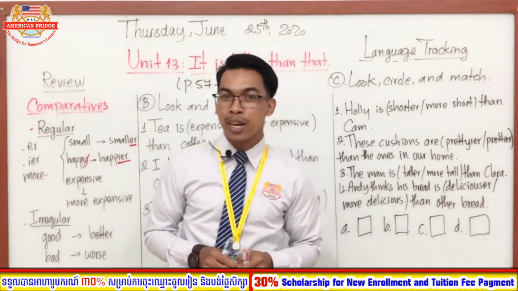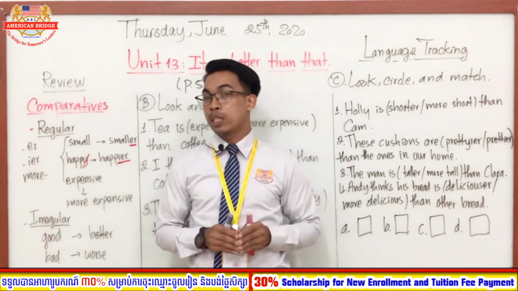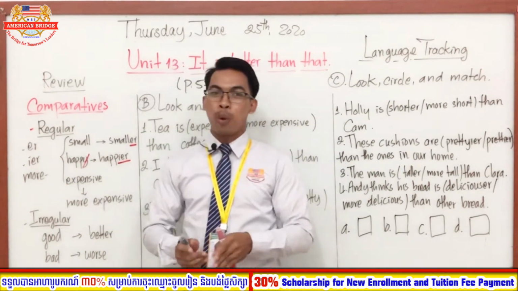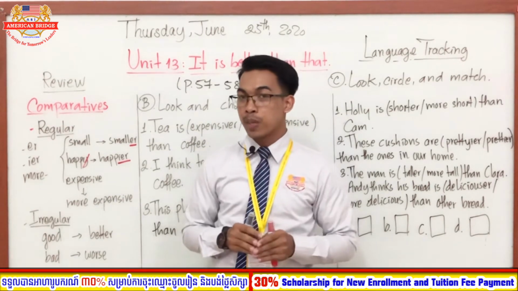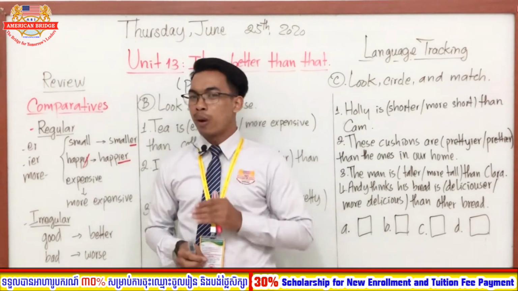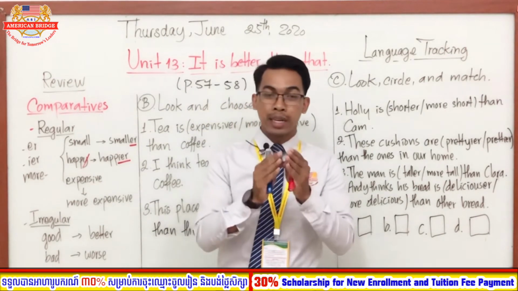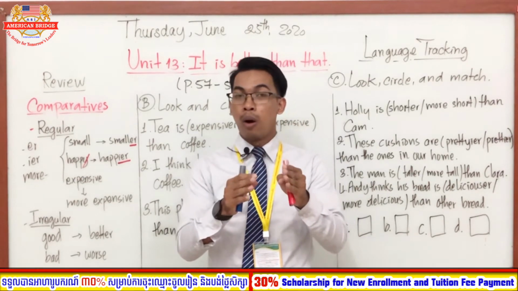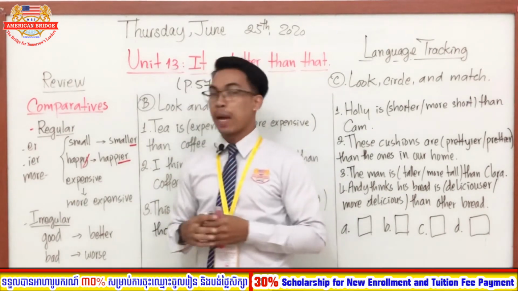All right, good. Let's move on to the last one, which is irregular, more. When we want to change to the comparative adjective, the last one is about more. How many syllables are there? The adjective has two syllables or more than two syllables, like the word expensive.